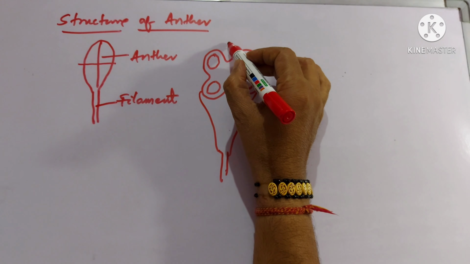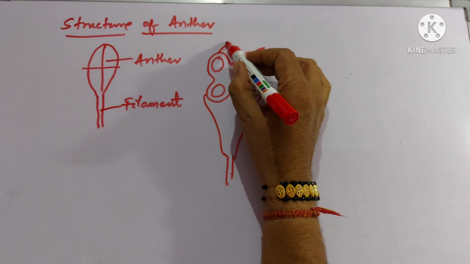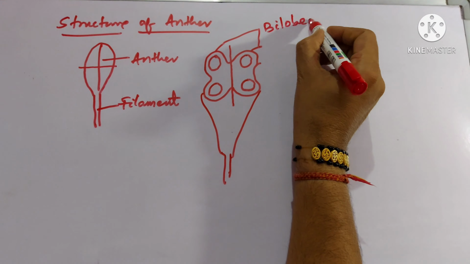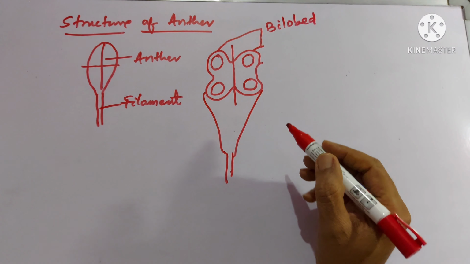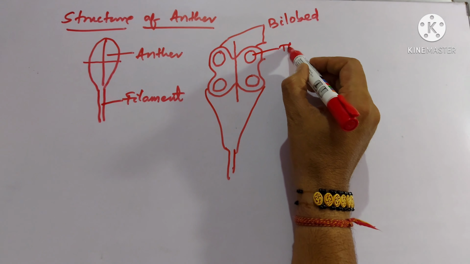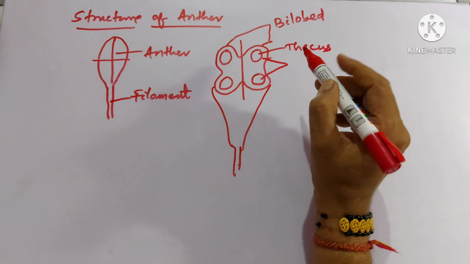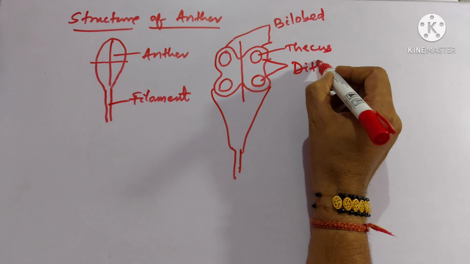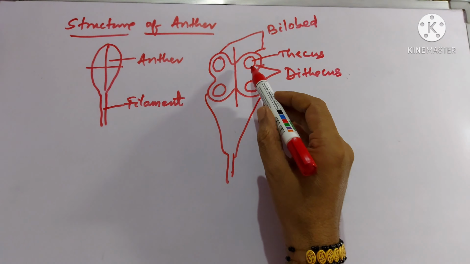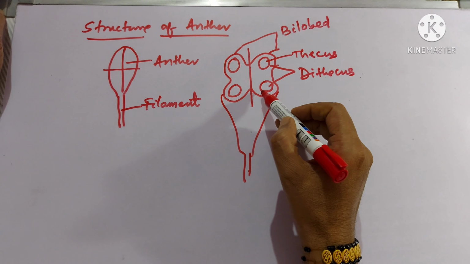Basically, if we divide the anther from this line, this is a lobe and this is a lobe, so we can tell it is a bilobed anther, and each lobe contains one thecus. This is a thecus. So these two can be written as dithecus. So each lobe is dithecus and it is a bilobed anther.